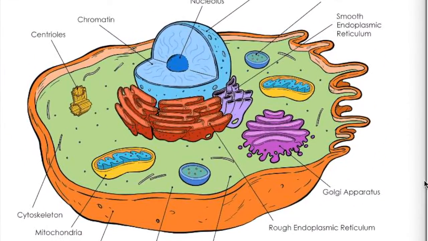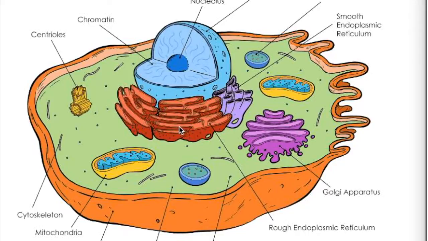Okay, so to start, we have mitochondria. Mitochondria is known as the powerhouse of the cell. It produces energy for the cell through cellular respiration. The Golgi apparatus here assists in the modification and transportation of proteins within the cell. You have the endoplasmic reticulum here.